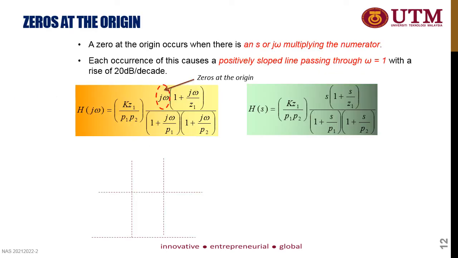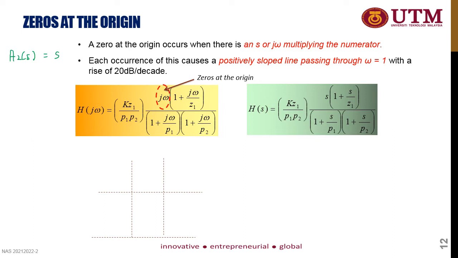Okay, next, when you have zeros at origin, remember when you have H(s) just now equal to s, when you have s outside the bracket on top in the numerator part, it is zeros at origin. s is also known as j omega. So you can plot it as zeros at origin.